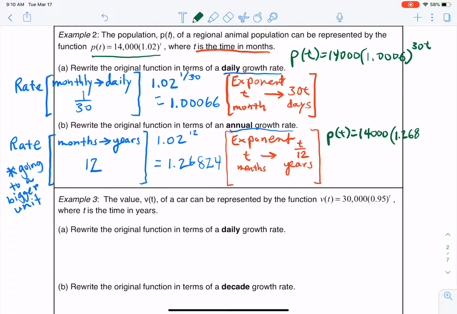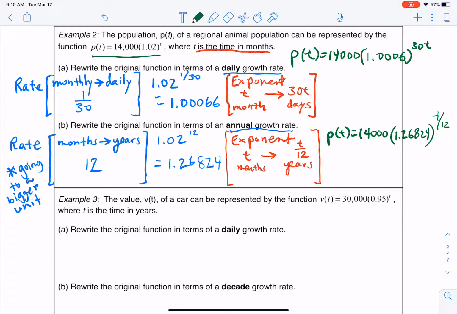So again, 14,000 times 1.26824 raised to the power of t divided by 12. Right, so that is now an equation that represents an annual growth rate.